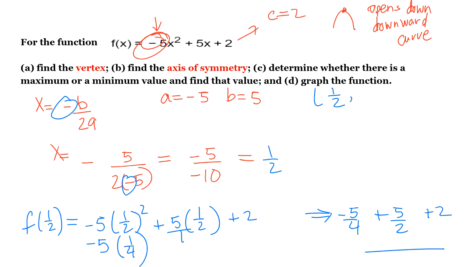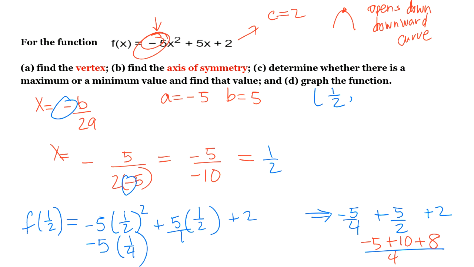Then I just need to add these fractions together, so I get -5 plus 10 plus 8. And that is -5 plus 10, +5. 5 plus 8 is 13.